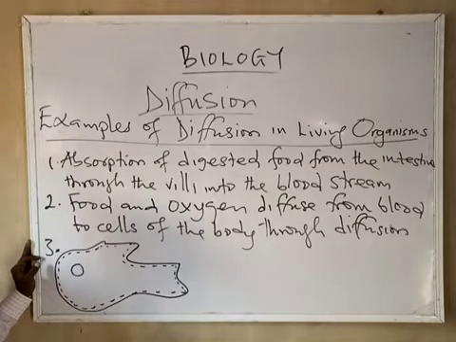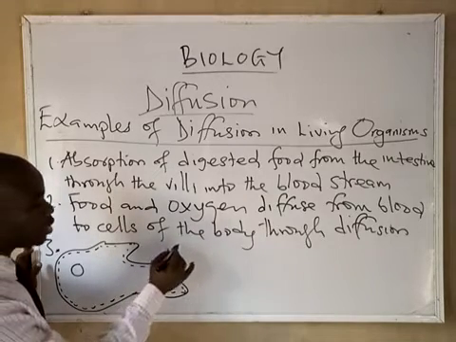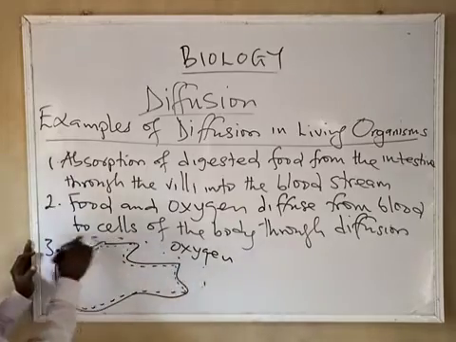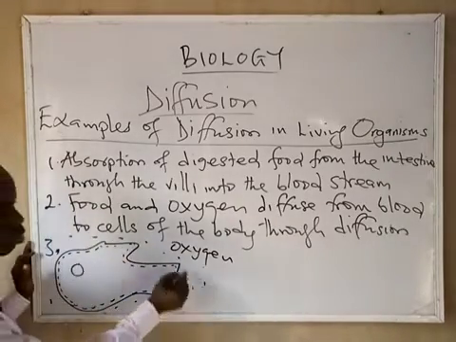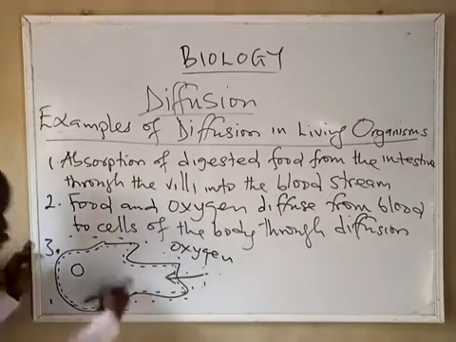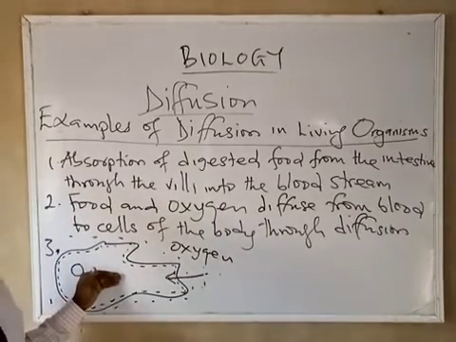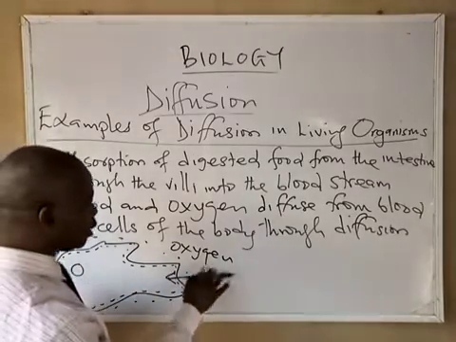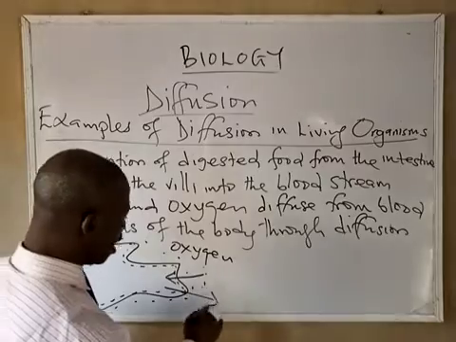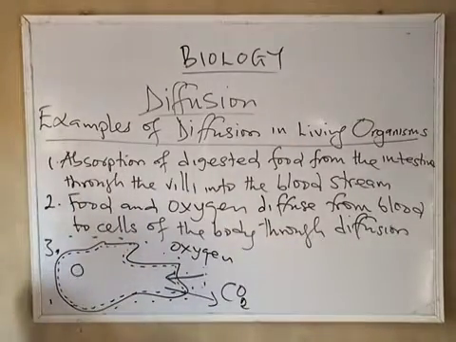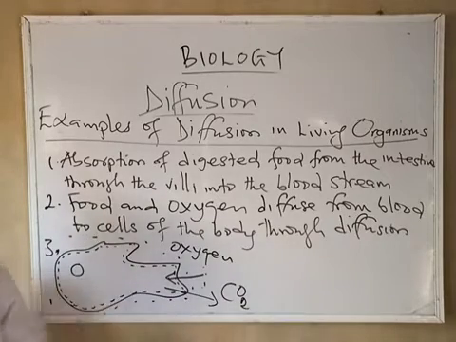This organism needs oxygen, and this oxygen is in the surrounding water. This oxygen diffuses through the plasmalemma into the organism, and the carbon dioxide, which is a waste product, diffuses out. That process is through diffusion.